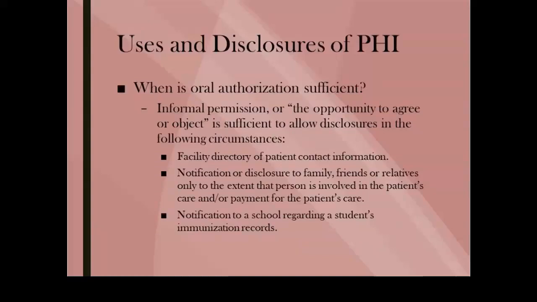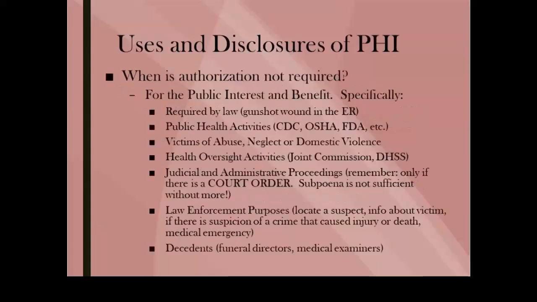That was actually a big change that was a relief to a lot of people under the omnibus rule. Prior to the omnibus rule, requests to send immunization records to schools had to be made in writing. Now they basically said, look, you can just tell your doctor where to send it. It doesn't have to be in writing, and it alleviated a lot of paperwork for everybody.